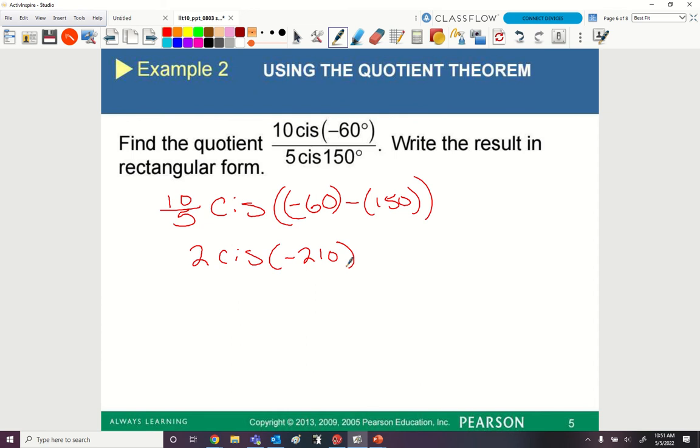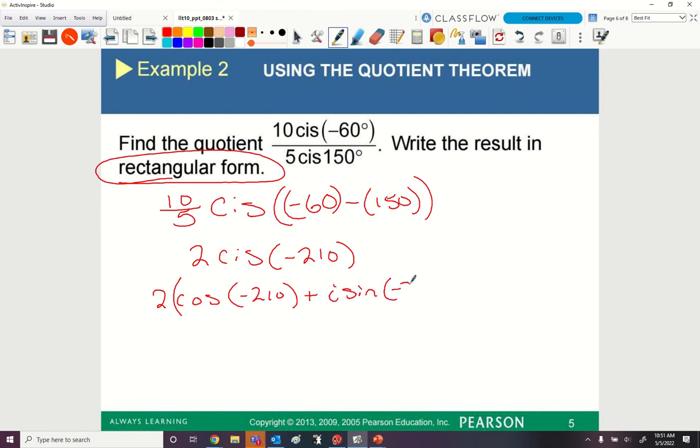Now, it says rectangular form again, so I'm going to expand it. So 2 cosine of negative 210 plus i sine of negative 210. From my unit circle, negatives go backwards, so I try to find where that's going to be.